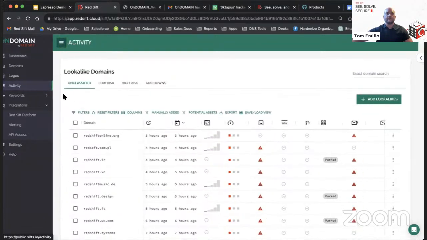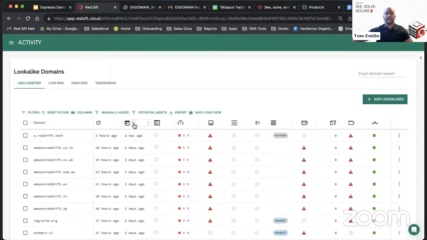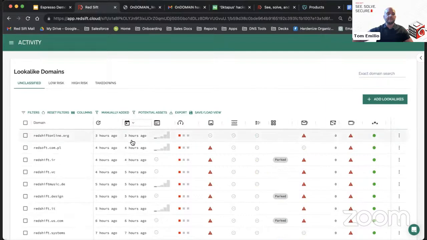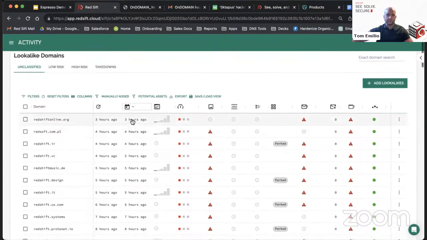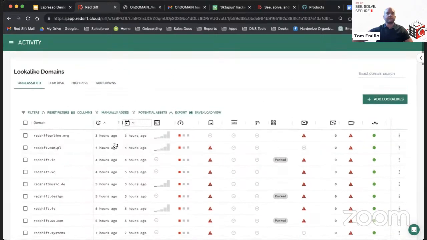All right, so the lookalikes themselves. We do a couple things for you. There's opportunity where there are domains that have been spotted out in the wild. Even since yesterday, looking at this data, more domains have been added today in the last few hours. That really goes back to the scale and importance of automation.